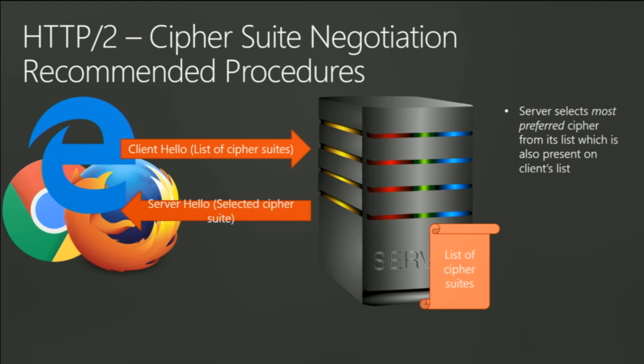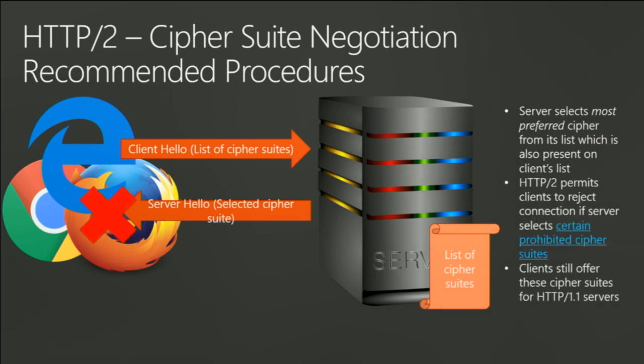Here's where we can get in trouble. Some browsers, not Edge, will actually reject the connection if they don't like the cipher suite. And the reason that the cipher suites that are not acceptable to H2 are still there is for compatibility with H1.1. Now, if you have a fresh install of Windows Server 2016 or Windows Server version 1709, the latest and greatest coming out shortly, the cipher suite order will be correct.